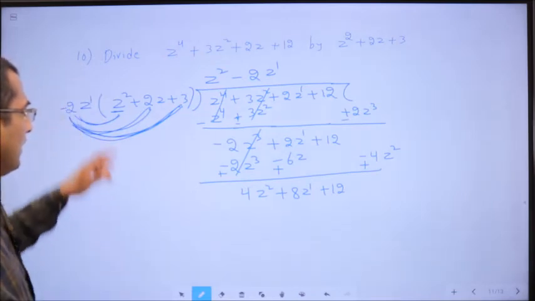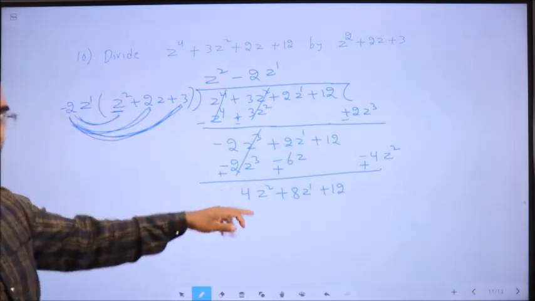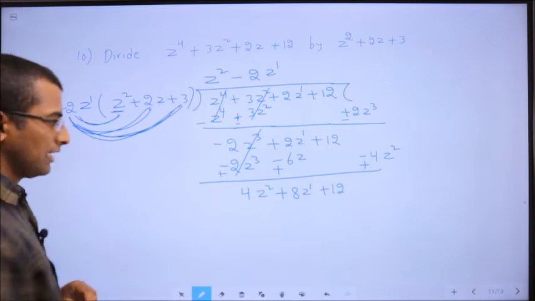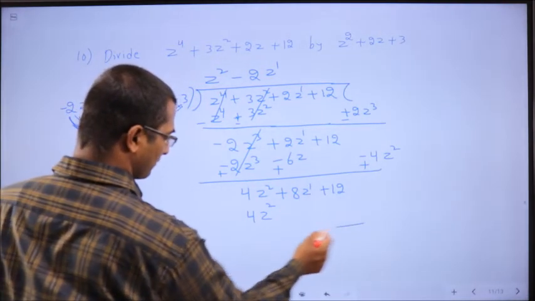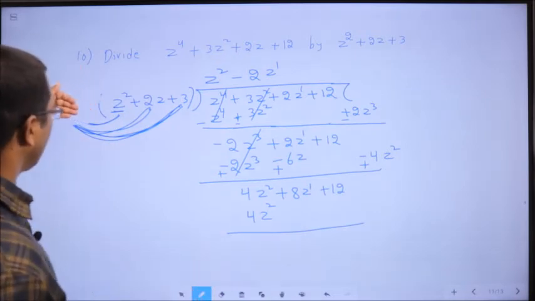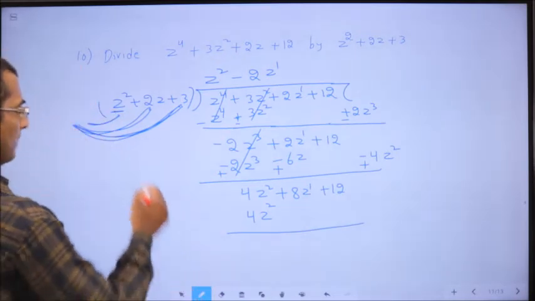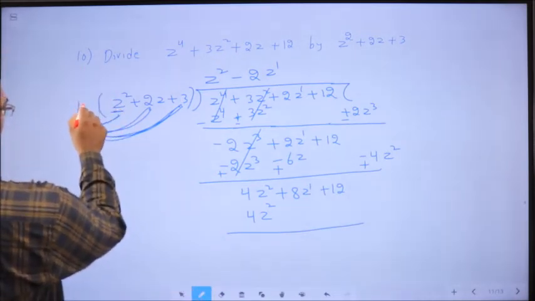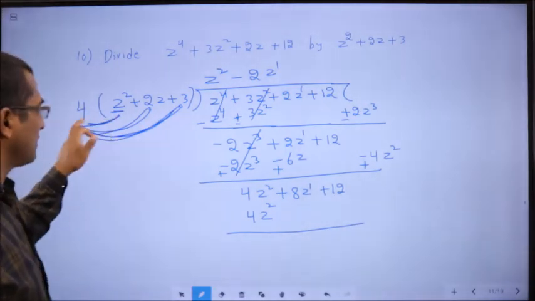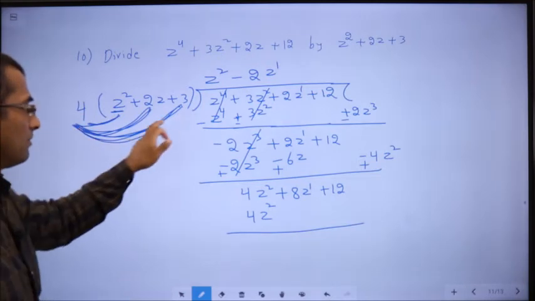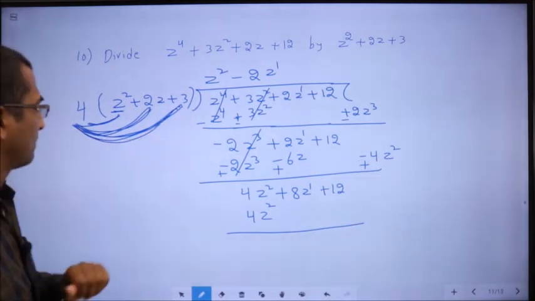Okay. Here degree is 2, here also degree is 2, I can continue. Here 4z square I should get below also 4z square. So here I have z square, it needs to be multiplied with 4 to get z square. When I am multiplying to this, I should also multiply to second term and also to the third term.